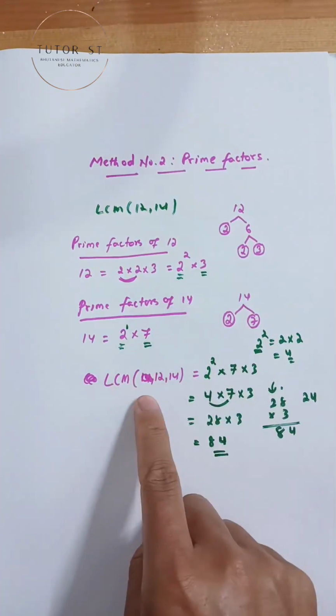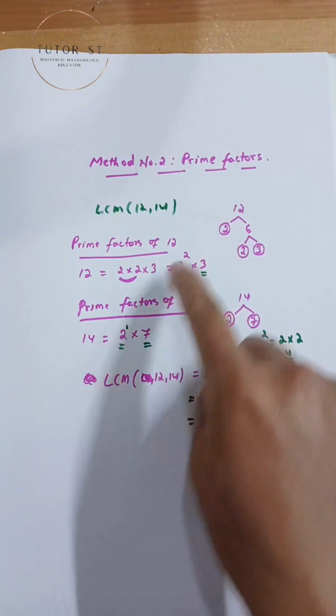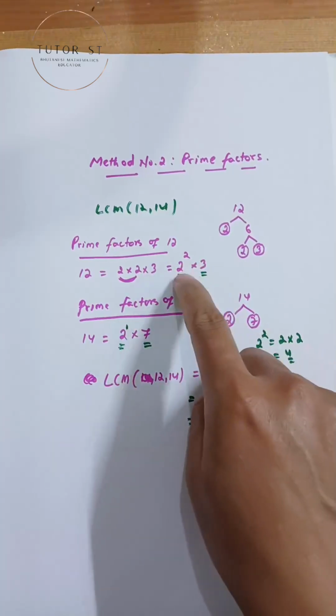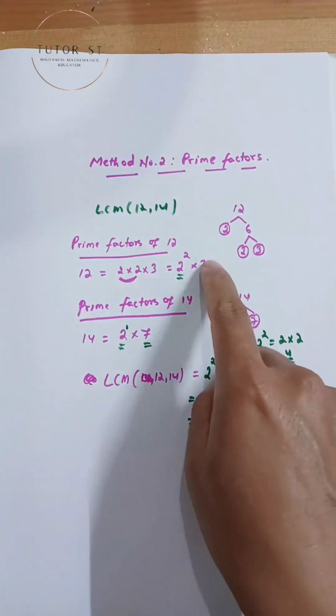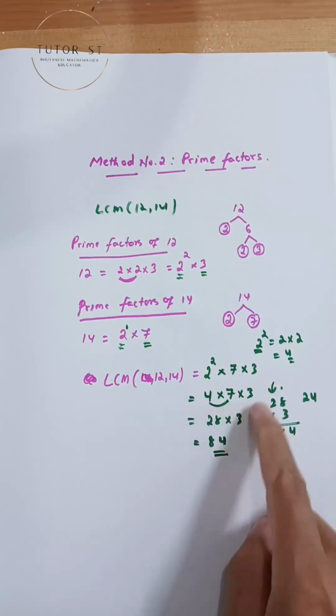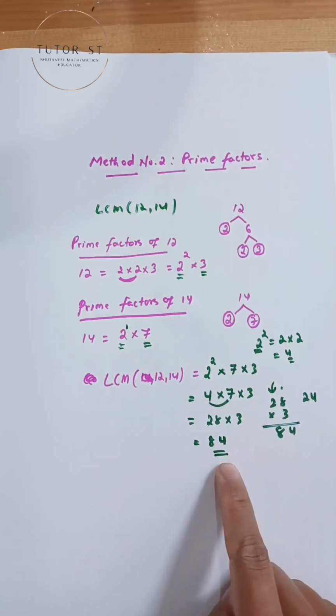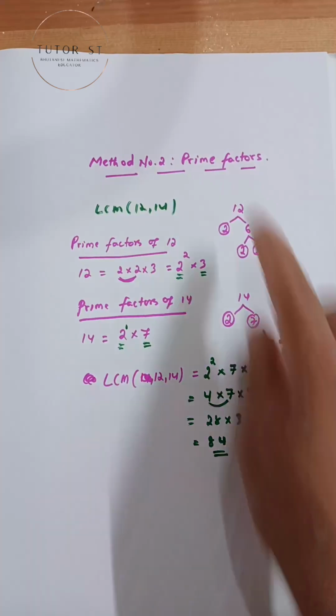And when you find the LCM, if the same numbers come in both cases, you have to take the prime factor with the highest exponent, and the remaining numbers we simply multiply with this. If you multiply, you get your answer equal to 84. So this is the second method of finding LCM, that is by finding prime factors.